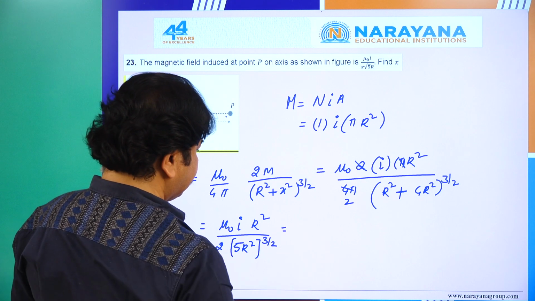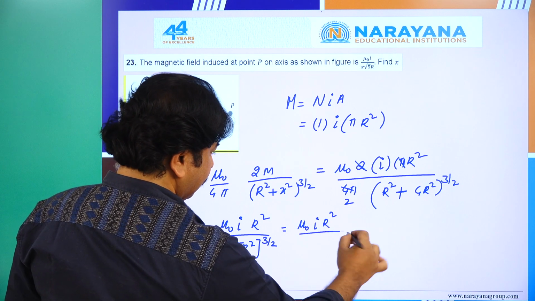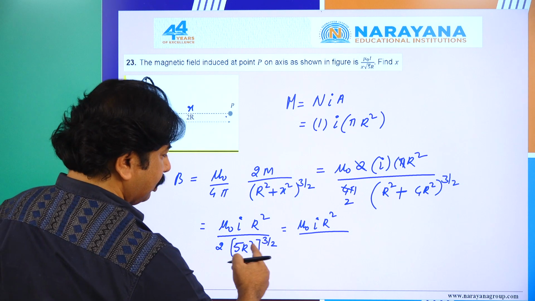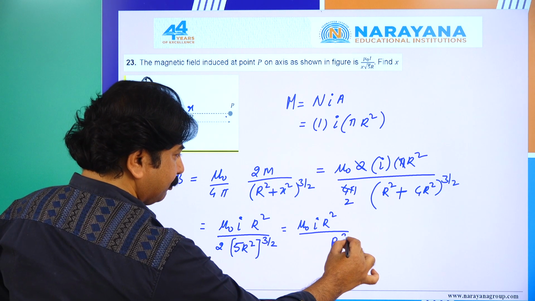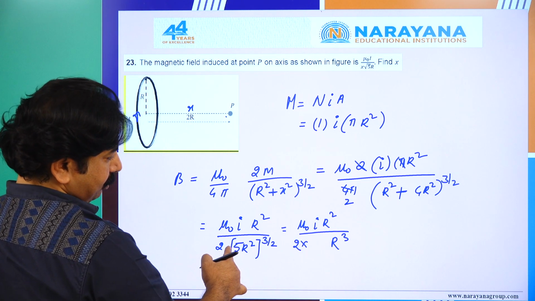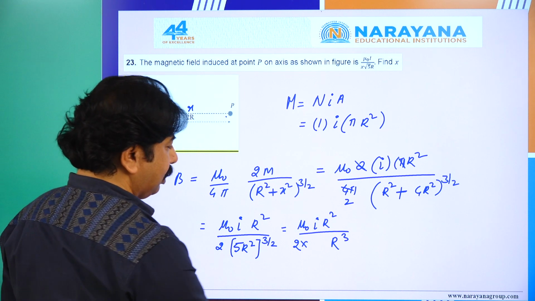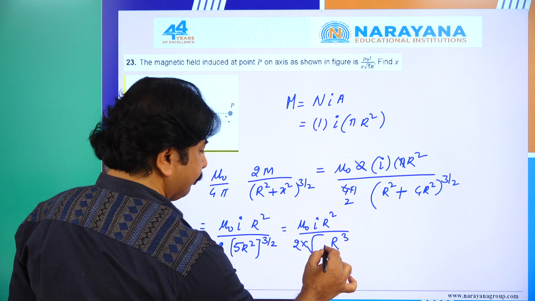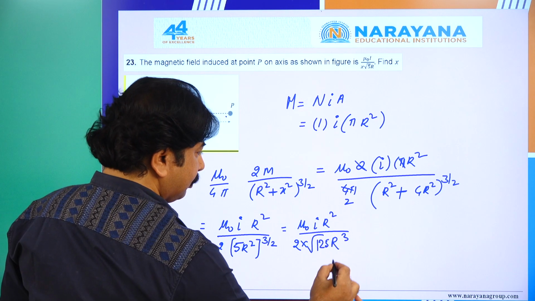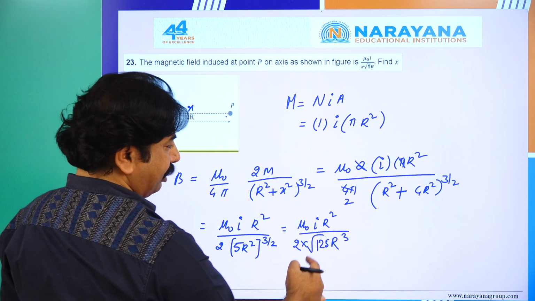It becomes mu naught I into r square by 5 into 5 times r cube, since 5 to the power of 3 by 2 is the square root of 125, which is 5 root 5.